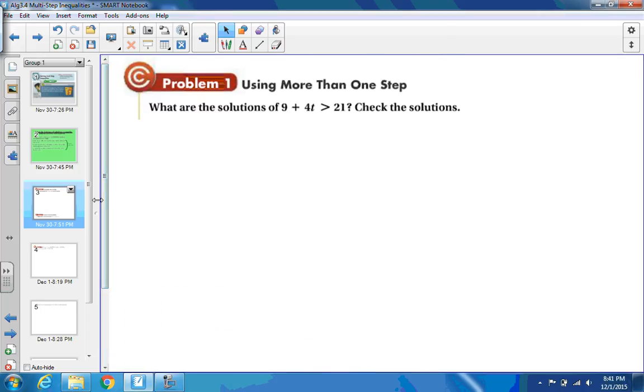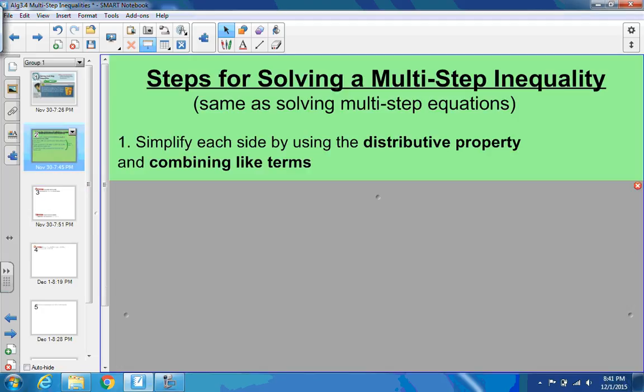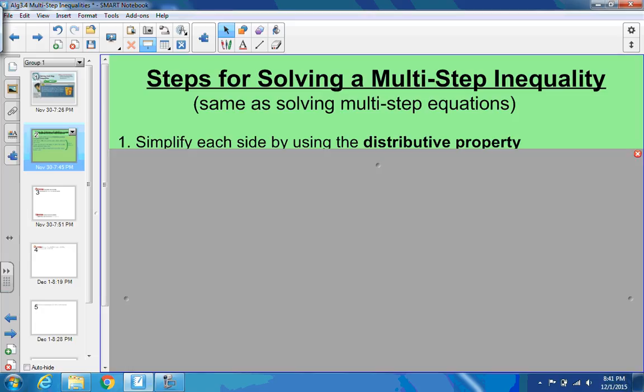Problem 1 says, what are the solutions to 9 plus 4t is greater than 21? So we want to essentially solve for t. Here are the steps that I'm going to show you for any multi-step equation. Not all these steps will apply to all of these, but it is the same as solving multi-step equations, only we have inequality symbols.